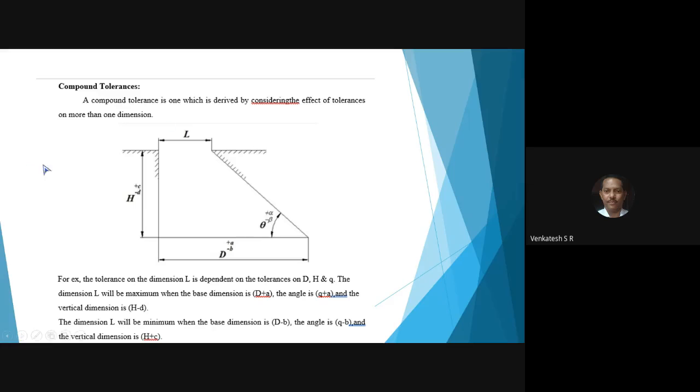If you add the dimension h plus c and h minus d, in the same way d plus a, d minus b, theta plus alpha, theta minus beta, while machining, if you consider upper limit and lower limit for these three dimensions, automatically you will get length L.